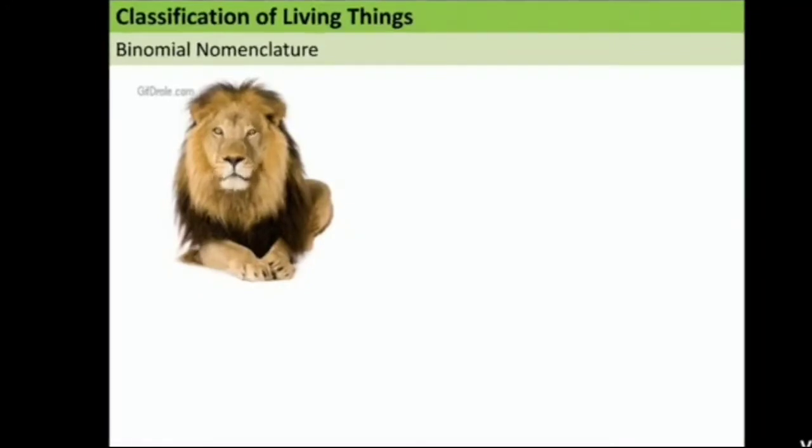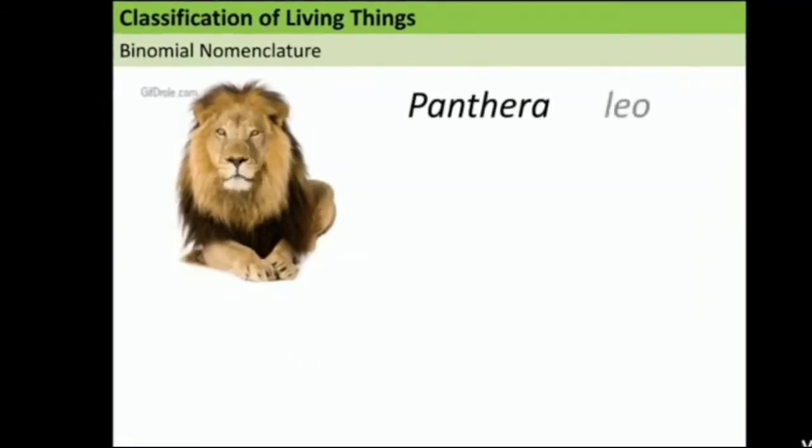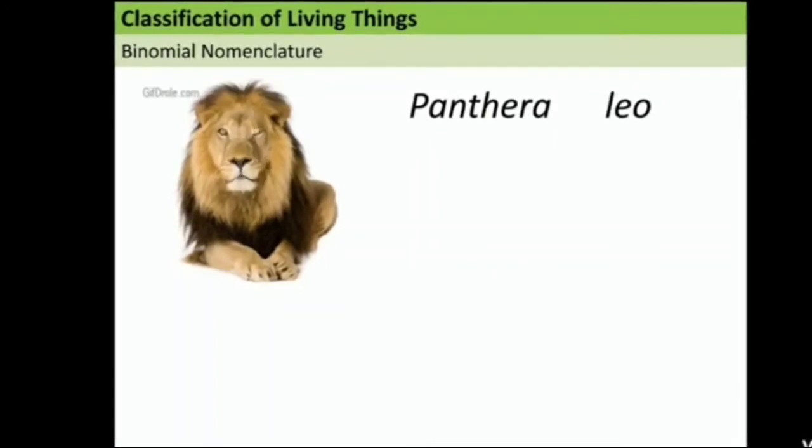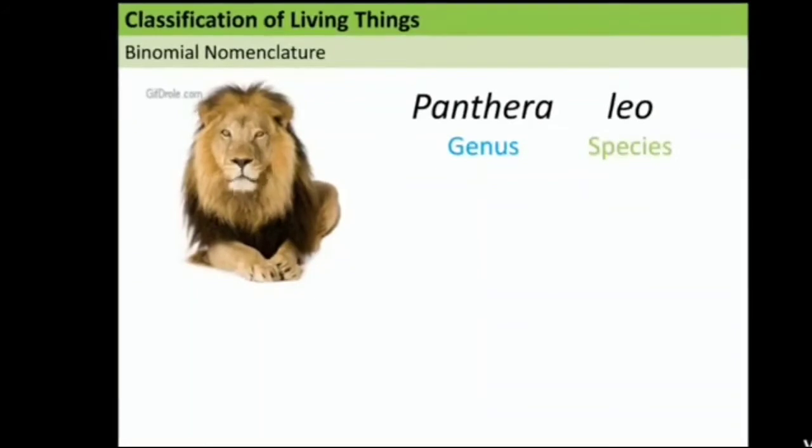It consists of the word bi, which means two, nomial, which means name, and nomenclature, which means naming system. For example, for this animal, the name is Panthera leo. Panthera comes from the genus, and leo is the species.